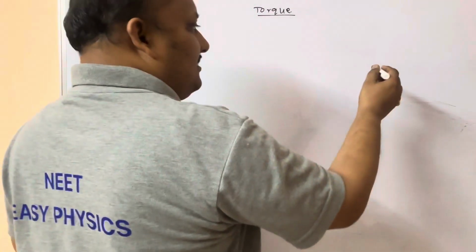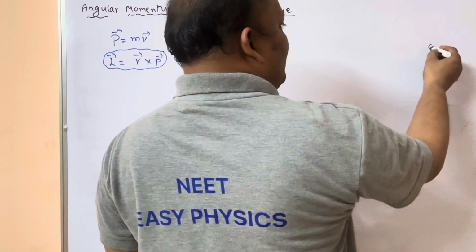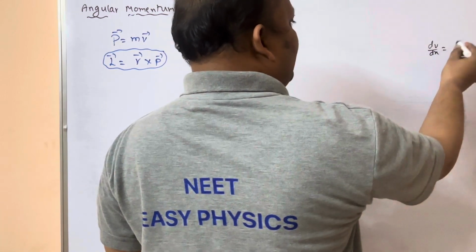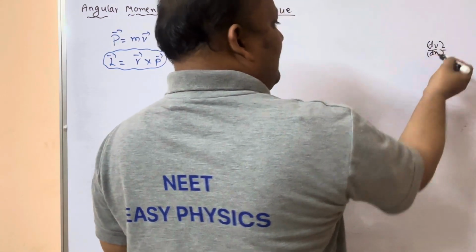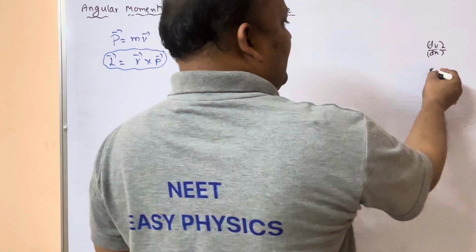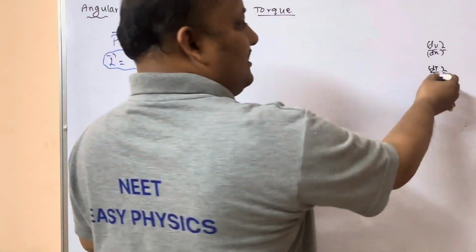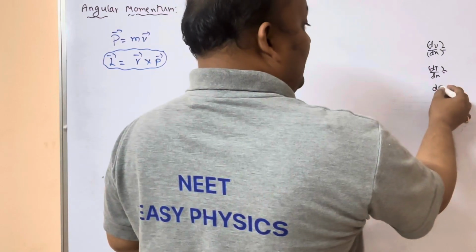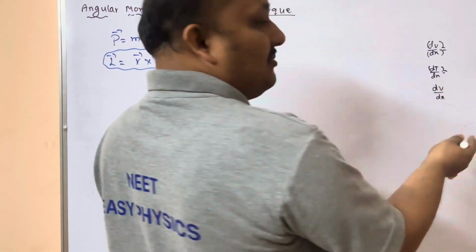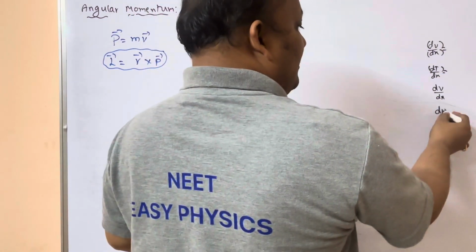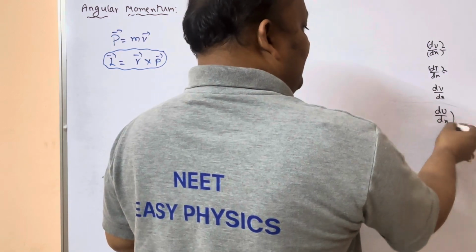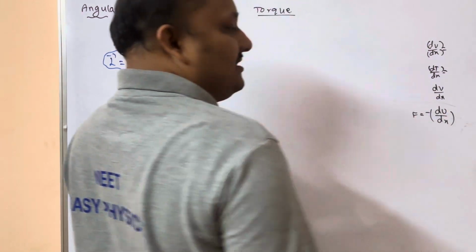So in physics, gradient, we will use velocity gradient: change in velocity with respect to distance. Temperature gradient: change in temperature with respect to distance. Potential gradient: change in potential with respect to distance. Energy gradient, already we discussed this, F equal to minus dU by dx.